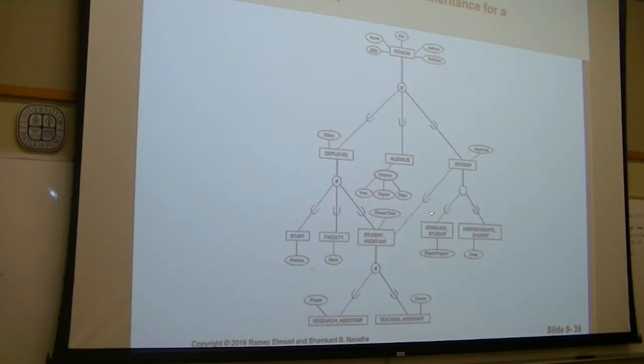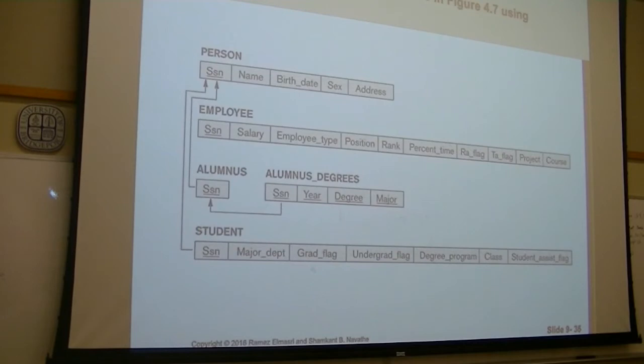The student assistant is the student, the person. So either employee, because the student assistant is also a subclass of the employee, or the student. So which one? Here the student assistant is under the flag, whether student assistant or not, which means the first option is selected under the student table, student relationship.